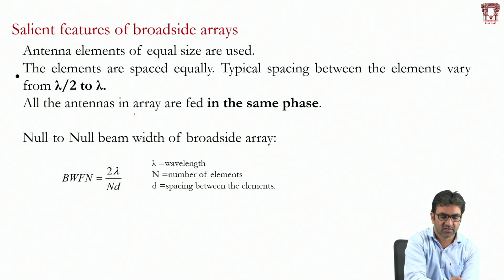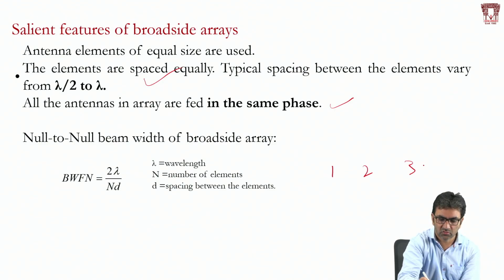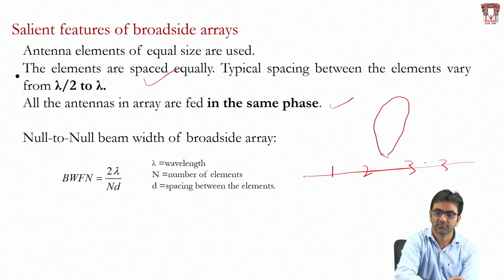And another factor is all the elements are fed in the same phase. Okay, so with these factors in a broadside array, if it is antenna element 1, it is 2, and it is antenna element 3, I am getting a radiation beam that is perpendicular to the axis of the array.